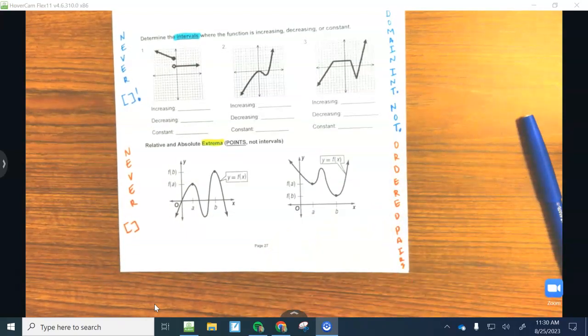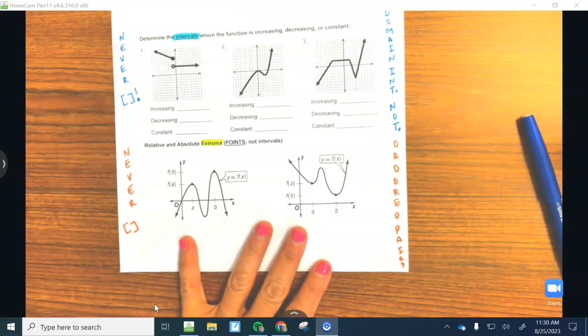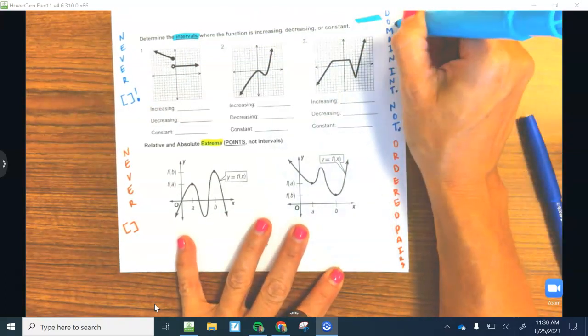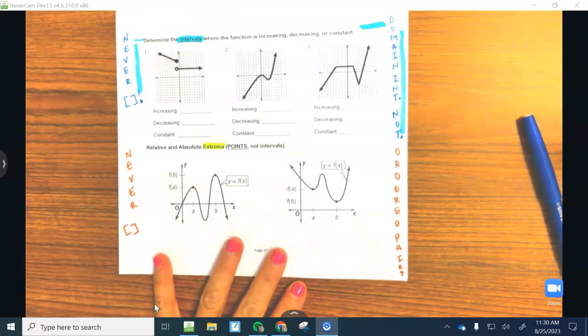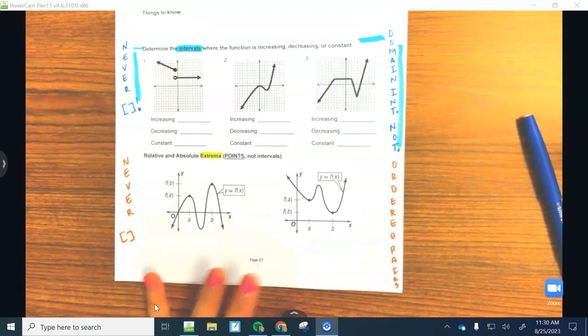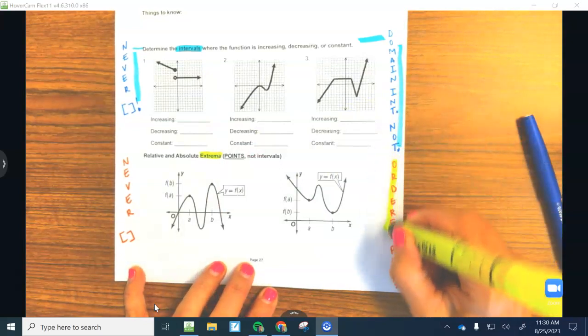Barely got that to fit. The reason we bring this up is because both of these things are usually tested together, a lot of times in the same test or quiz question, so you don't want to get tripped up. Extrema is always ordered pairs.